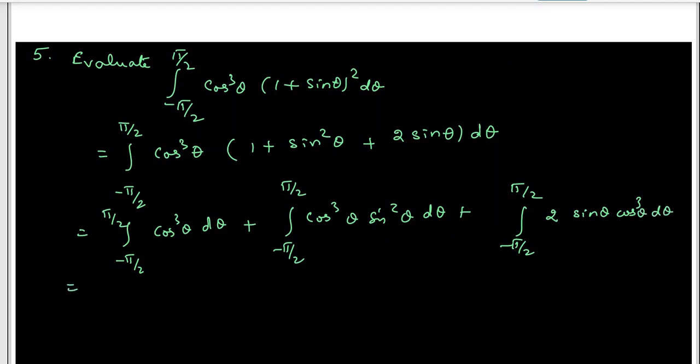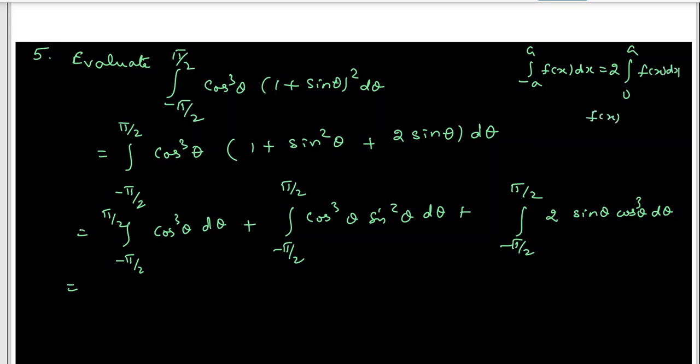Now cosine is an even function, whether you have in the index 3, 4, 5, I mean whether it is odd or even, doesn't matter. Cosine itself is an even function. So by the properties of definite integral minus a to a, we know that minus a to a f of x dx can be rewritten as twice integral 0 to a f of x dx when f of x is even.